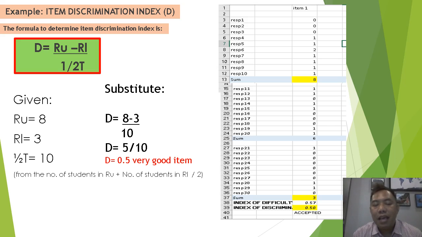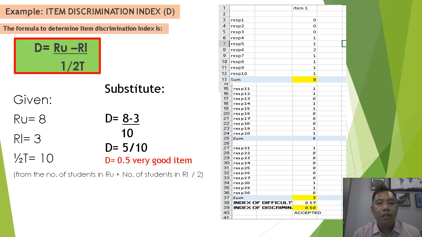But let me give you one example using this formula. The first thing you need to do is to divide the groups into 3. For example, you have 30 students who took the examination on the first item of the exam.